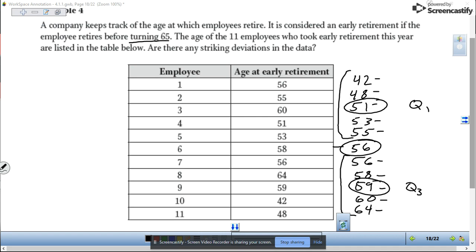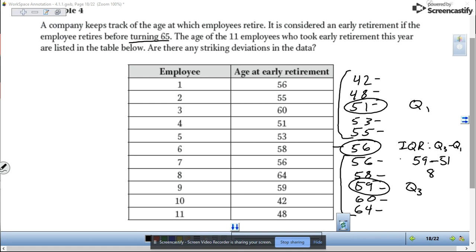So my interquartile range that we talked about before, so IQR, is Q3 minus Q1, which is 59 minus 51, which is 8. So my IQR is 8. So what we're going to look at is, is there anything that stands out beyond that, right?